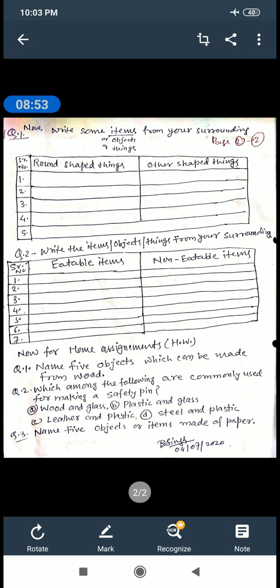Note them down in your copy, and the home assignment is to be done in your homework copy. These are 3 questions for homework: question number 1, 2, 3.